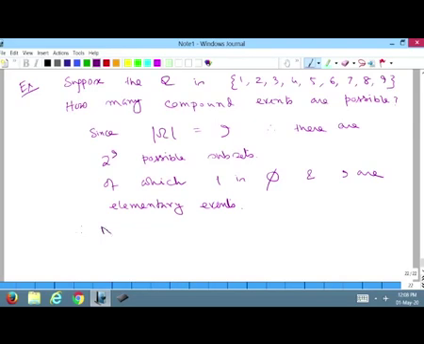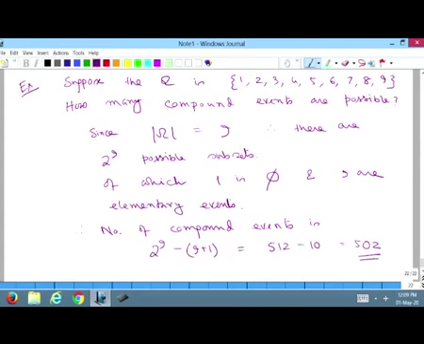Therefore, number of compound events is 2 to the power 9 minus 9 plus 1 is equal to 512 minus 10 is equal to 502. So many compound events are possible.